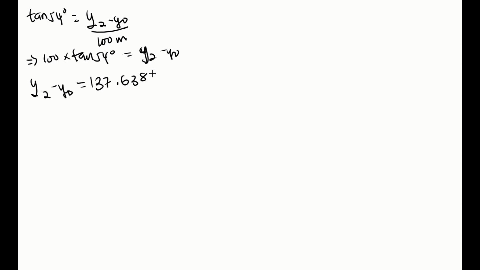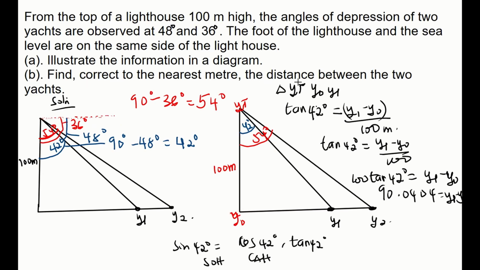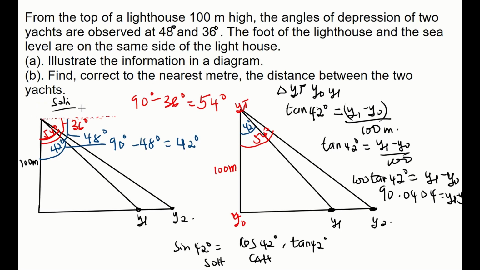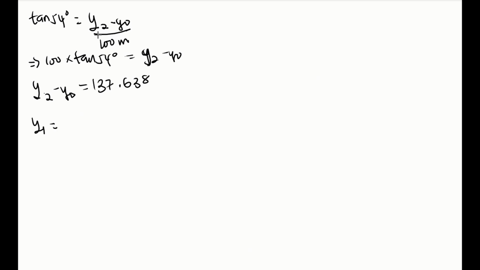If this gives us this, the question asks us to find the distance between the two yachts, which is the distance between y2 and y1. The first distance, y1, is giving us 90.0404 meters.